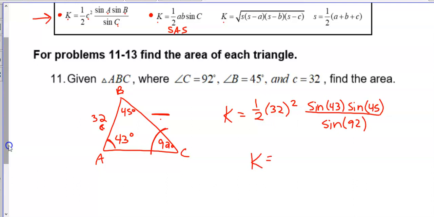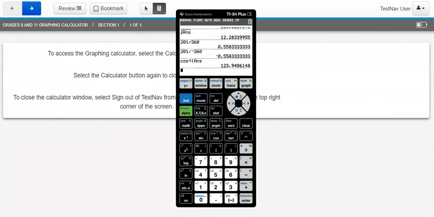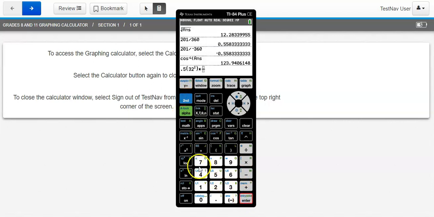So I'll just show you that in case you're having any issues typing stuff in. You're going to start with 1/2 or just 0.5 will work just fine. Times 32 squared, I would probably just throw that in parentheses, times, now I would set up a fraction, sine of 43 times sine of 45 divided by sine of 92, and you get 247.1.